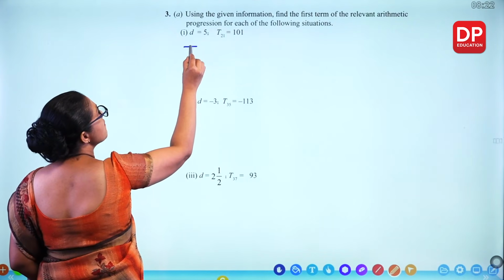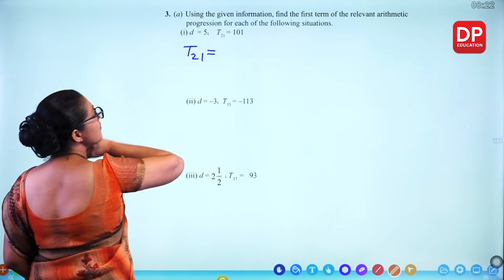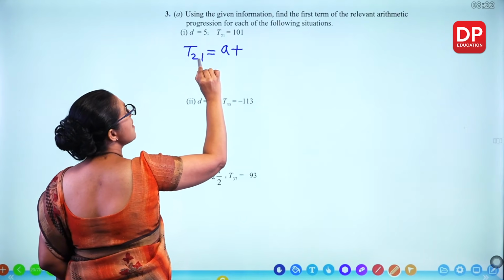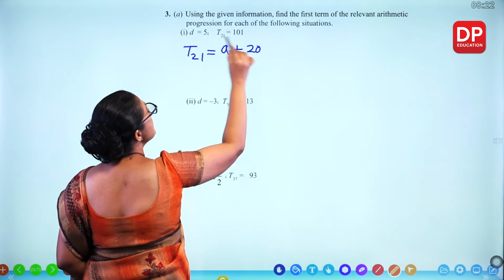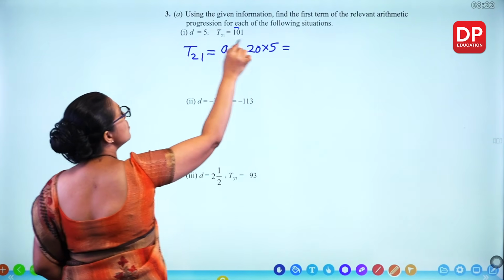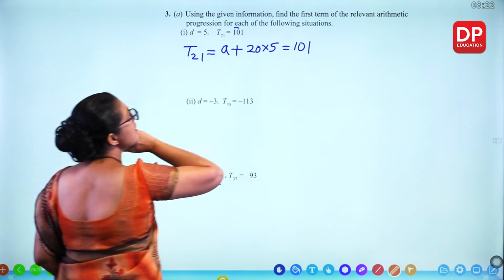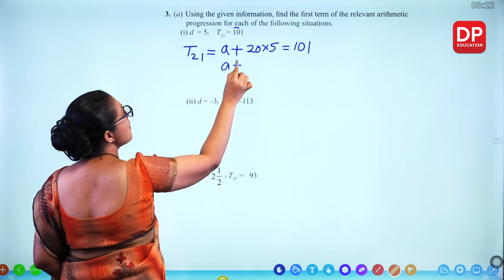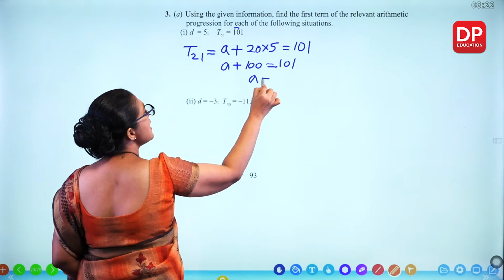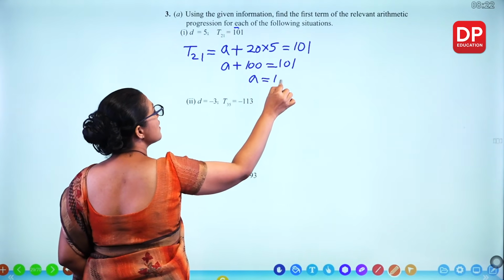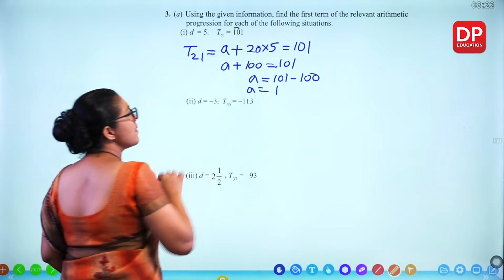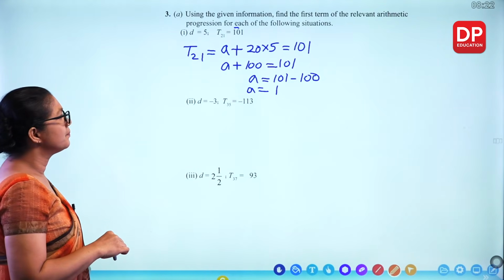So T21 is first term plus 21 minus 1 is 20 D. That's equal to 101. So A plus 100 equals 101. So what is A? Take 100 to this one. 101 minus 100. A becomes 1.